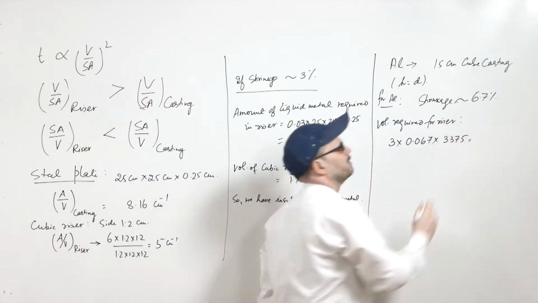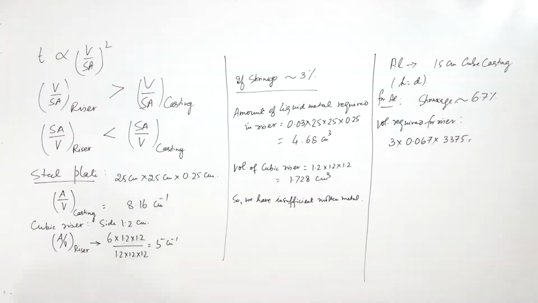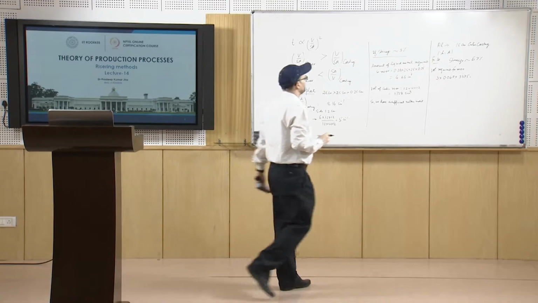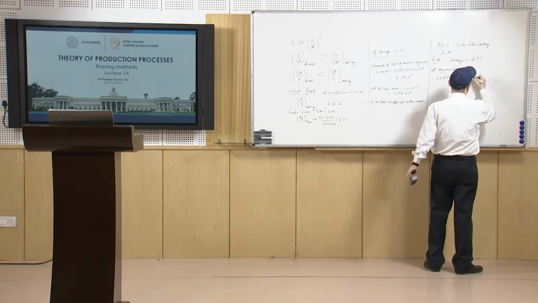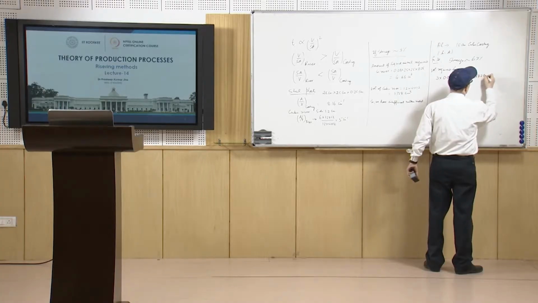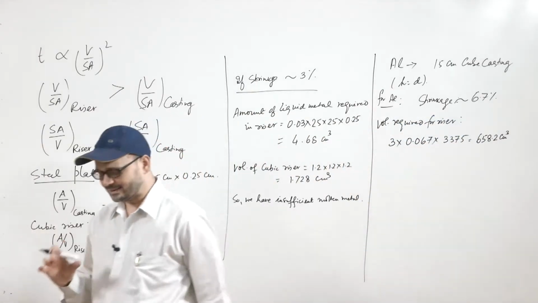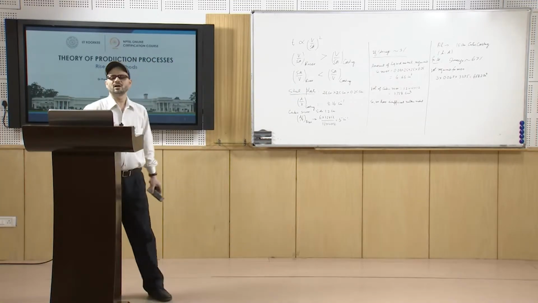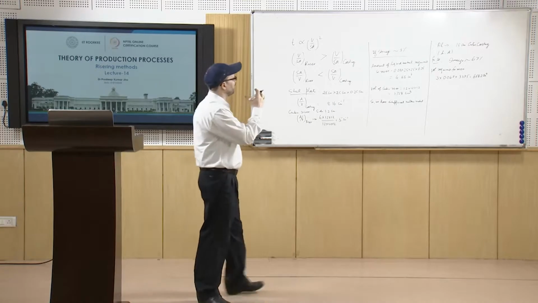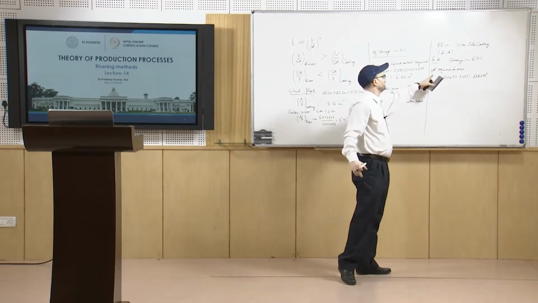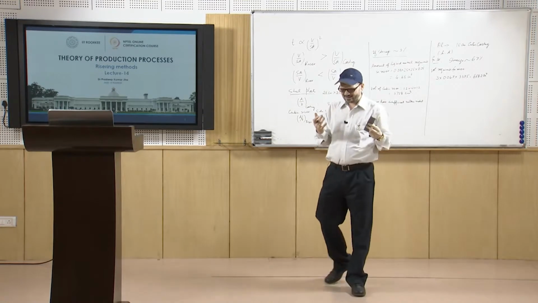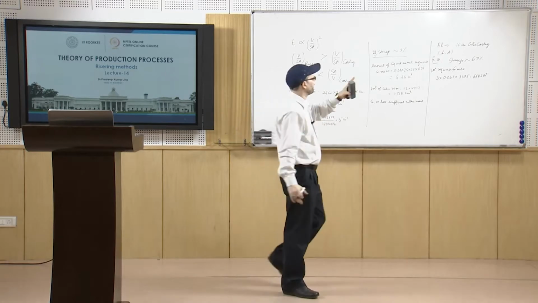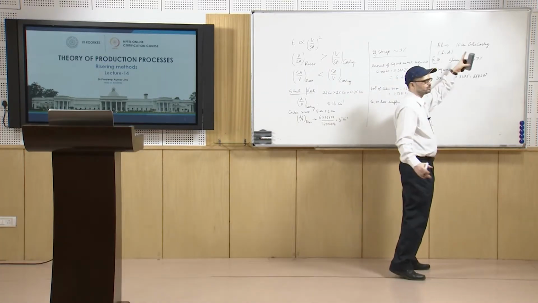This is computed to be, suppose, 658.2 centimeter cube. This is based on the assumption that you take 3 times the shrinkage volume, just for being on the safe side. Let us see what happens if you design the riser based on that for a compact case, H equal to D.